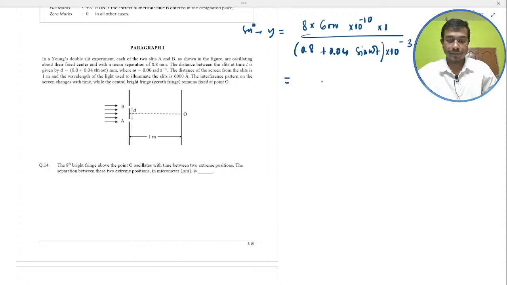This is equal to 48 into 10 to the power minus 4 divided by 0.8 plus 0.04 sin omega t.